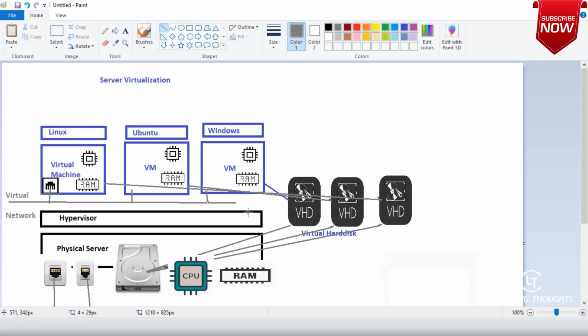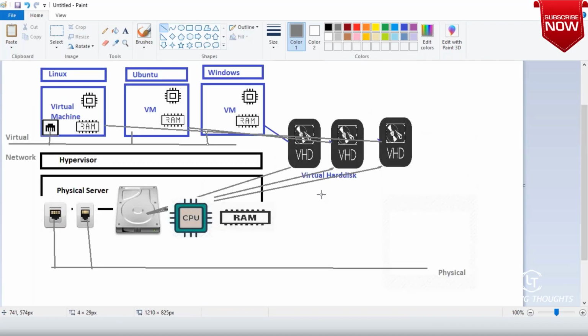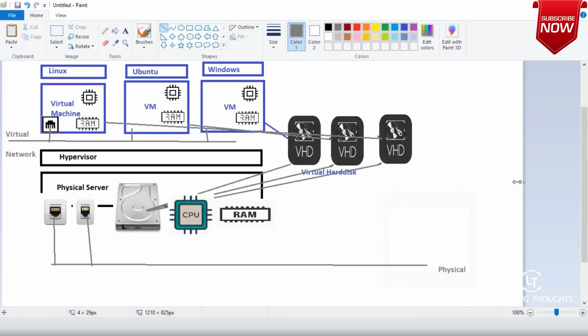So whenever you use a hypervisor, the hypervisor is basically created on a physical machine which has all the physical hardware resources. But using those physical hardware resources, we create things which are virtual in nature.